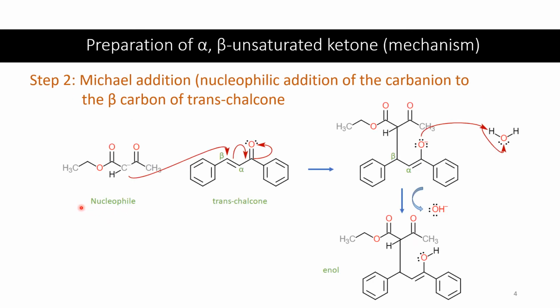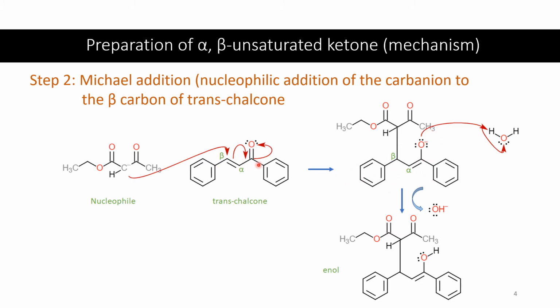Now we have the nucleophile that we prepared in the previous slide. It will undertake a nucleophilic attack at the beta carbon position of trans-chalcone and prepare this much more complex molecule.